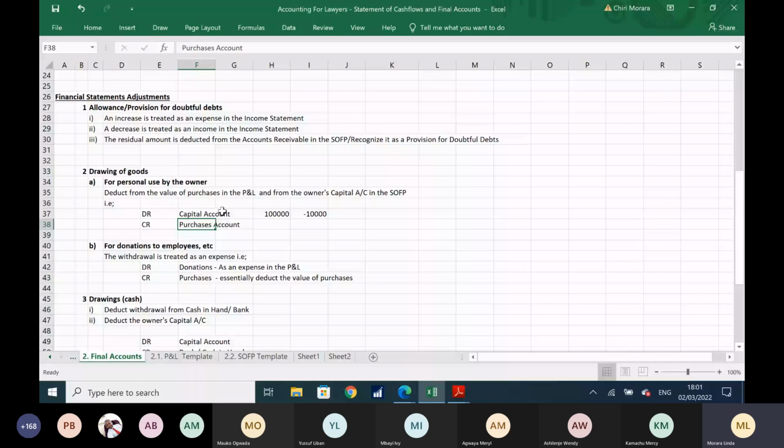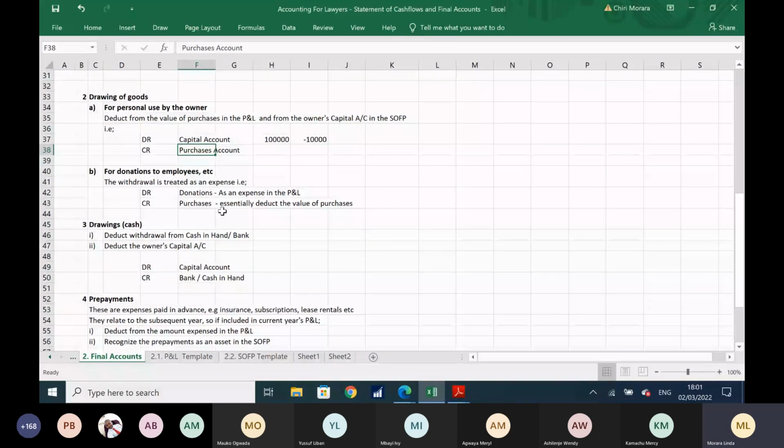But once you draw those goods, it stops being a company expense. That expense has not been incurred by the company because I have drawn it for my own personal use. That is why you're crediting it, so that you reduce the amount of purchases you have done by the 10,000 that has been drawn for personal use.